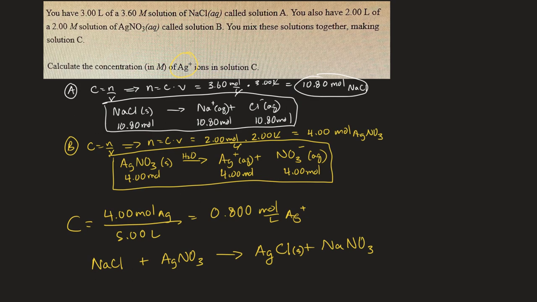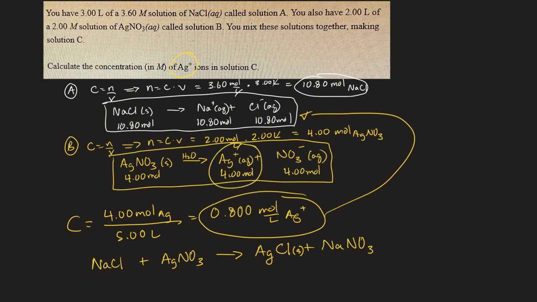So if it's a solid, all of these moles of silver are going to be reacting with the chlorine from the other reaction to form silver chloride, and so you won't have any silver ions in the solution. That's why they said that the concentration would be 0, because they would all react.